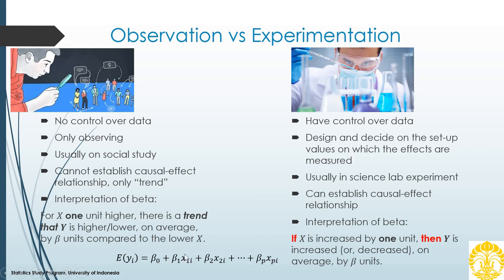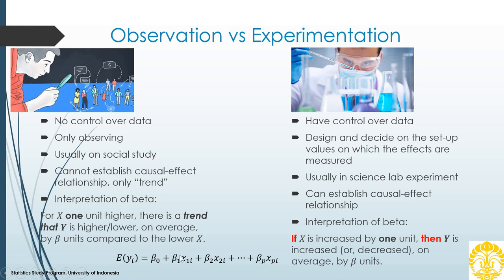For example, when we do the interpretation of the beta, for an observational study probably we can just say that for x1 one unit higher, we can observe a trend that y is higher or lower.